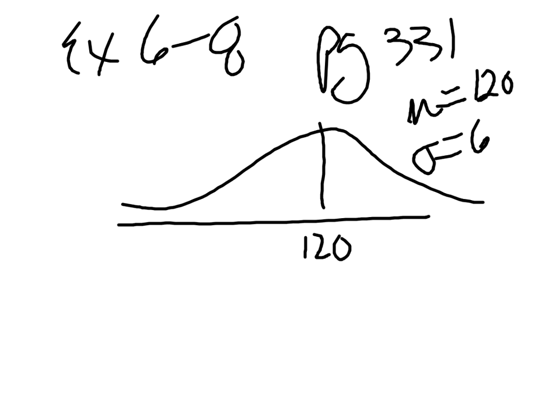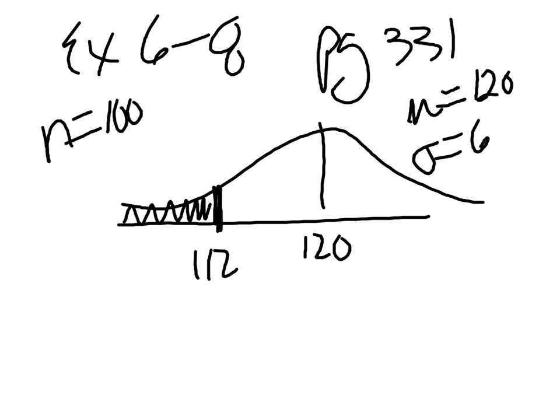Okay, now this is just a little bit of a twist here. 112 is obviously going to be associated with a negative z-value, and we've got two parts of the problem, but it's going to turn out to be pretty straightforward. The 112 will convert to a z-value and find its area as a decimal.